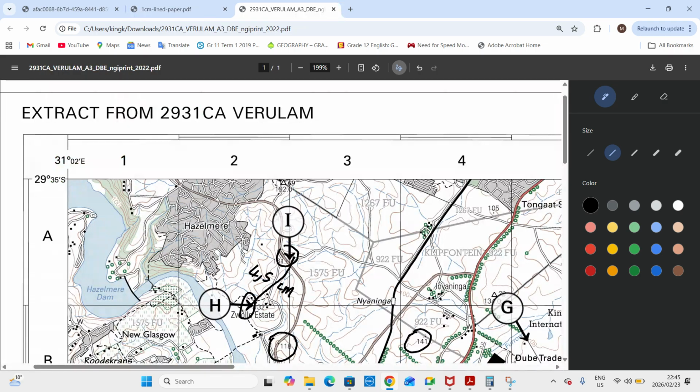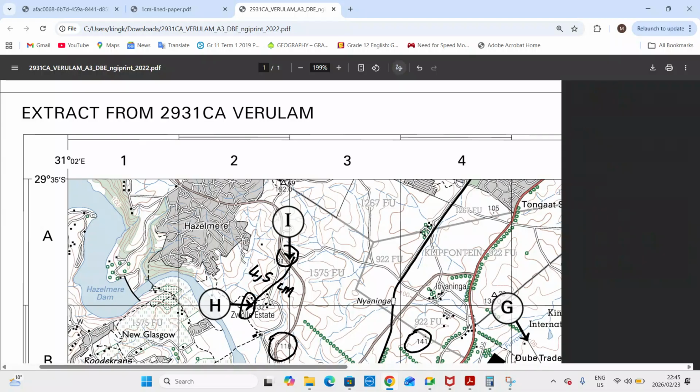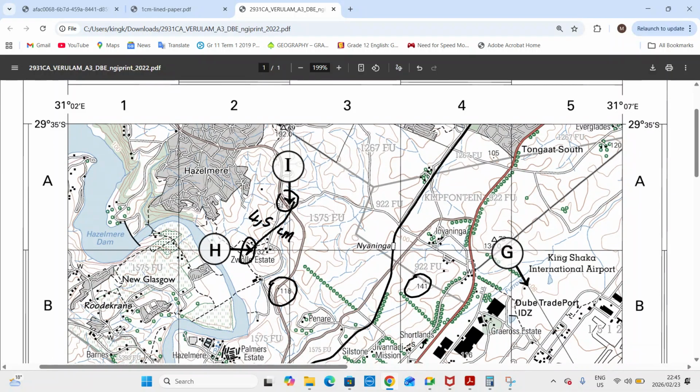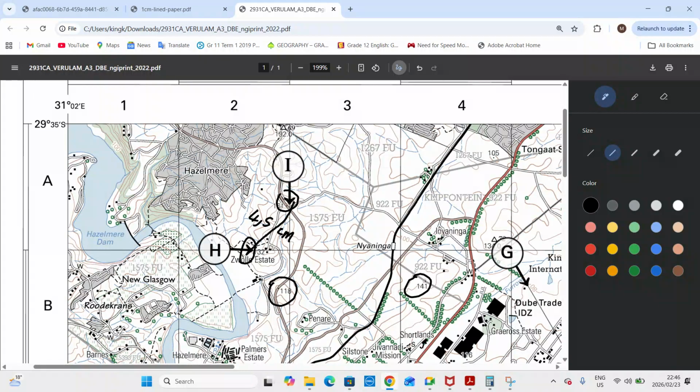This is a map of Verulam, and we are tasked to tell whether the slope that is found in block A3 is gentle or not. Now this is the area that we are focusing on, block A3.